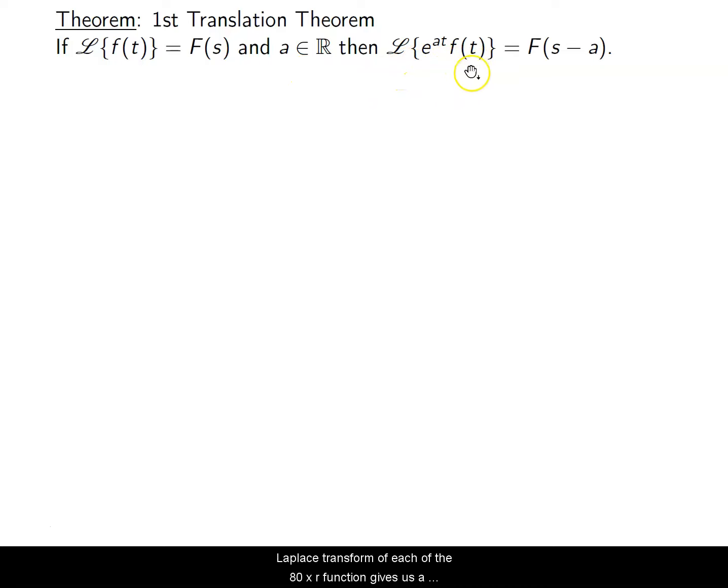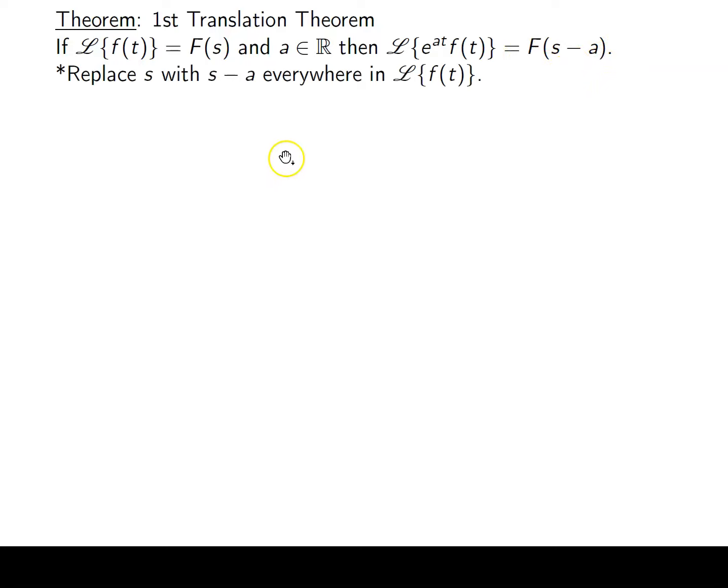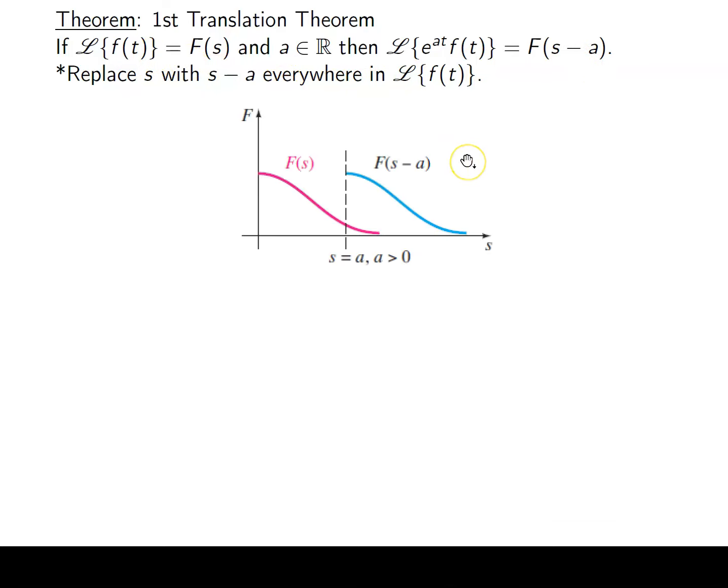Then the Laplace transform of e to the at times our function gives us a horizontal shift in our Laplace transform. Basically, everywhere that we would normally have s, we're going to replace that with s minus a in the transform of our function.